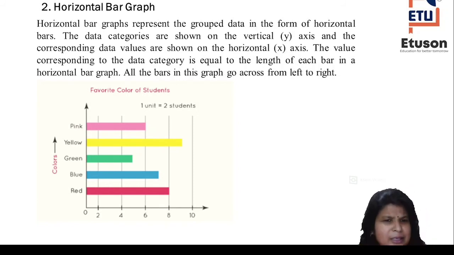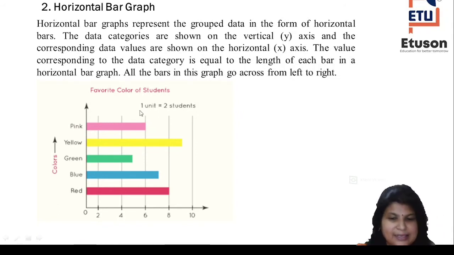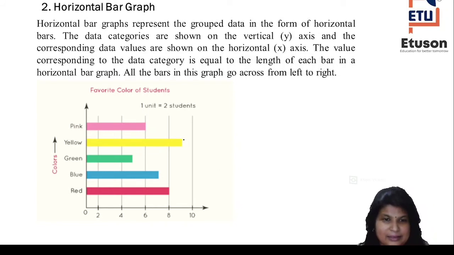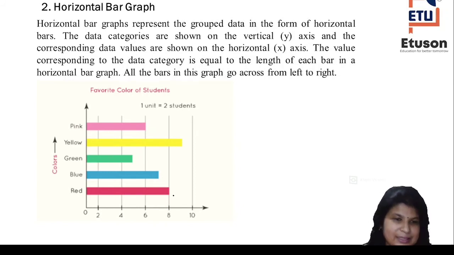Clearly you can see the color most liked by the students is yellow. It is almost 9, so 9 into 2, it is 18 students. Suppose I ask how many students like red, it is 8 into 2, that is 16.